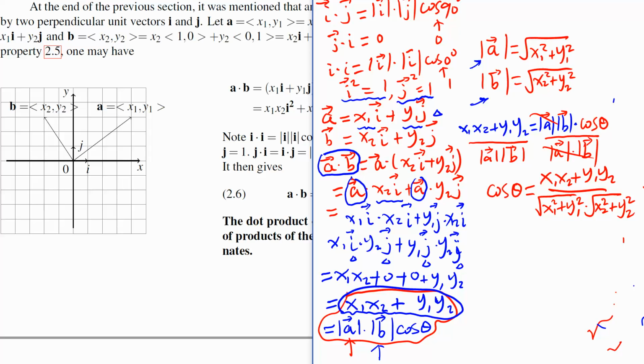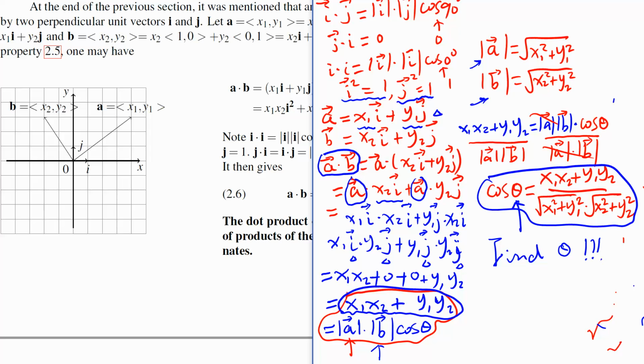Okay, so this is a very important formula. That's a new thing. So find what? Theta. So that means if we are given two vectors, we can basically find theta. So it's very exciting.